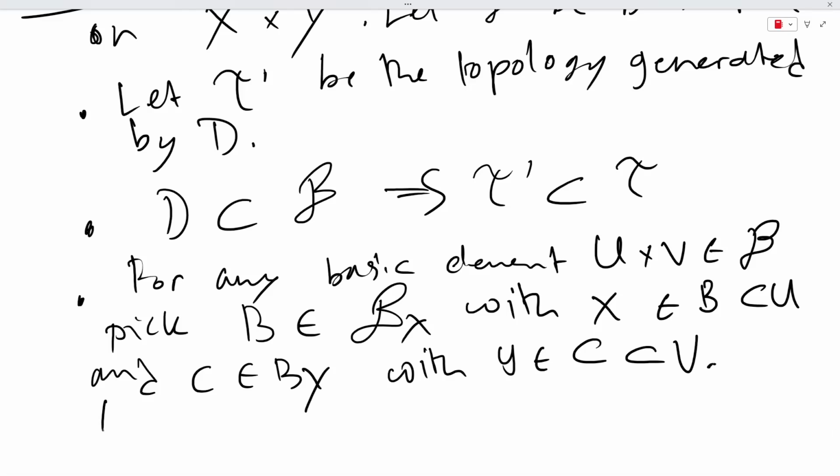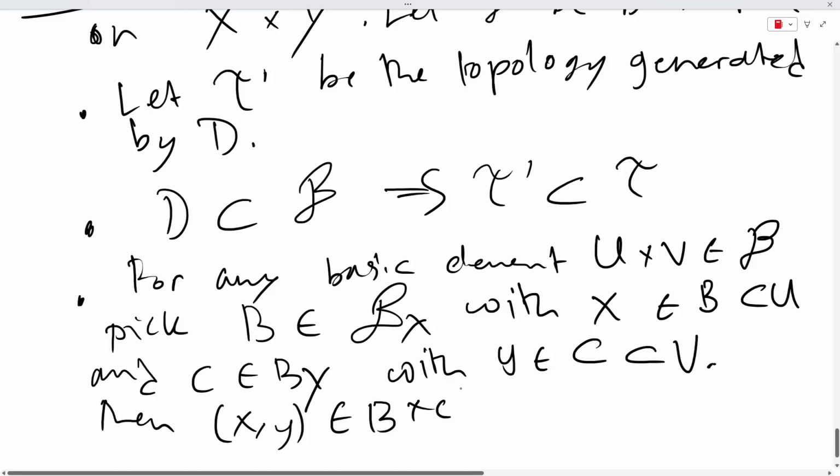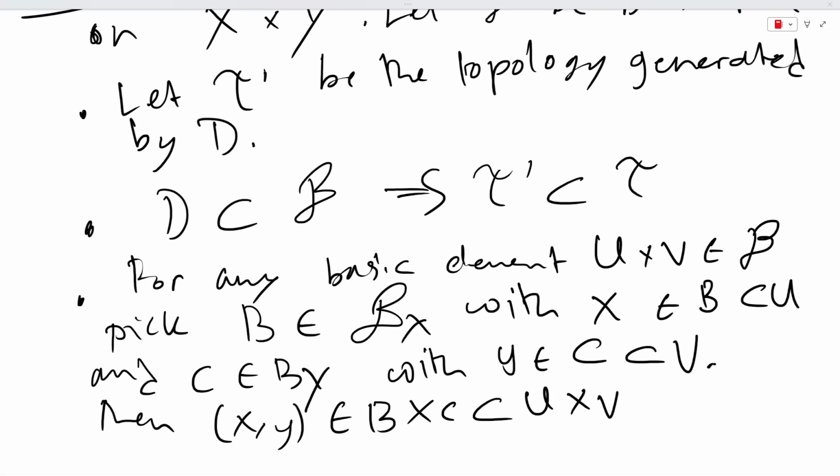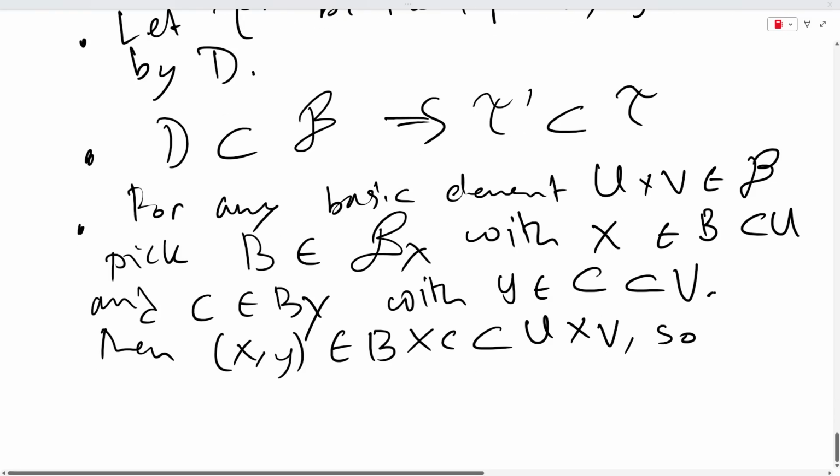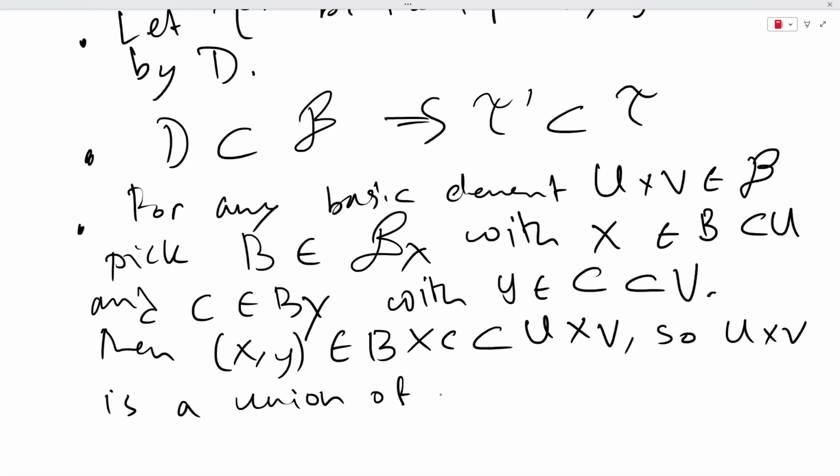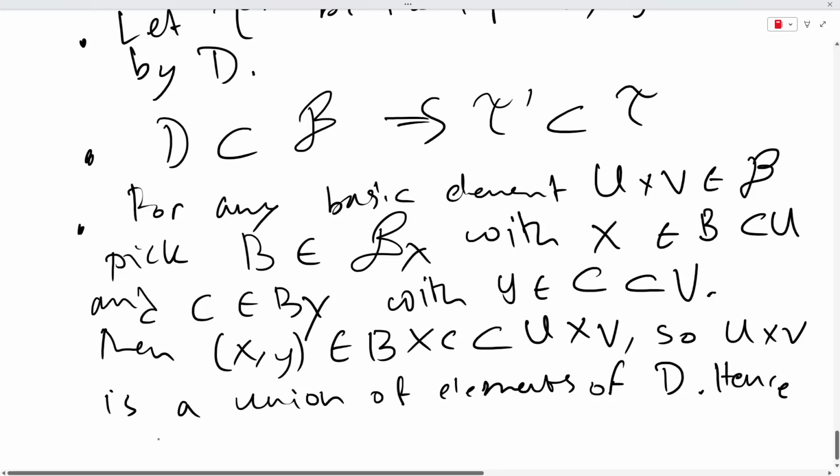Then this point (x, y) belongs to this Cartesian product, which is also a subset of U times V. So it means U times V is a union of elements of D. Hence, tau is contained in tau prime and tau equals tau prime.